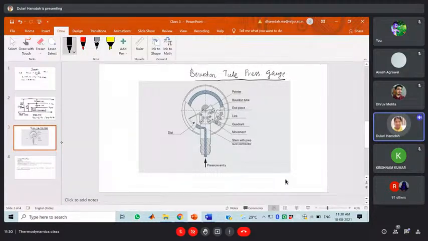It is one mechanical device which will measure the pressure of any system or any fluid.